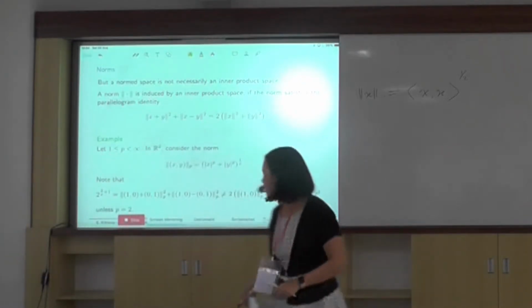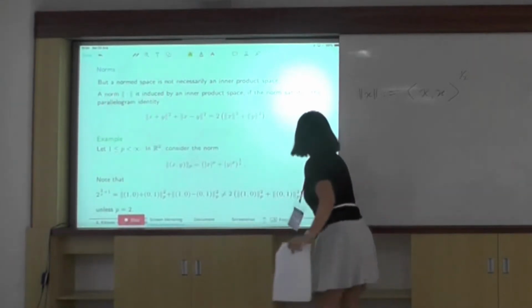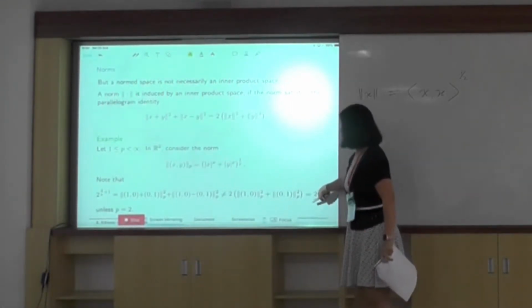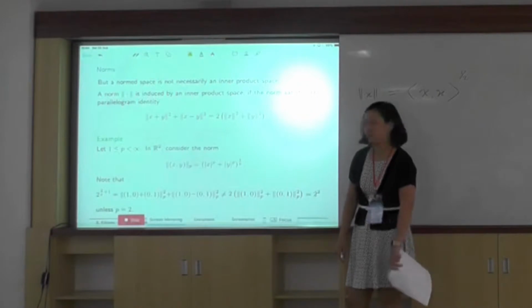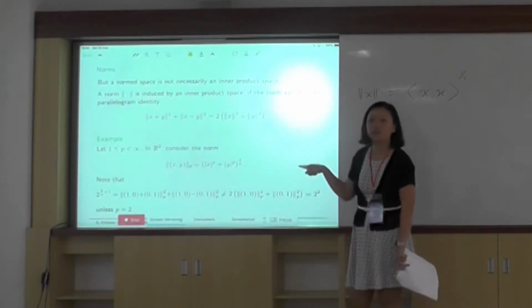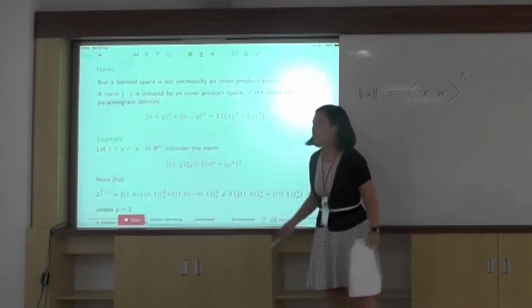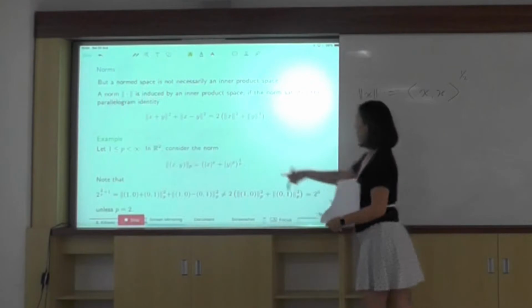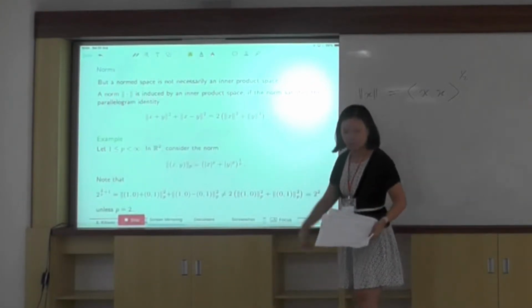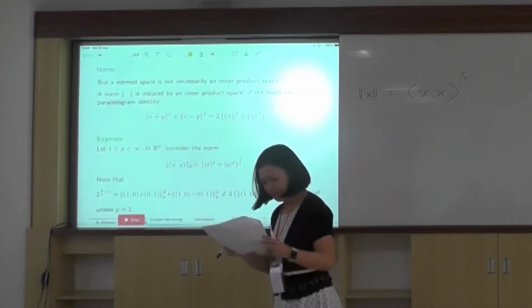The right-hand side, if they're equal, should be equal to 2 to the power 2, right? And you can see that these two things are equal only when P is equal to 2. So when P is not equal to 2, you don't get the parallelogram identity. So LP for P not equal to 2 are not inner product induced norms.